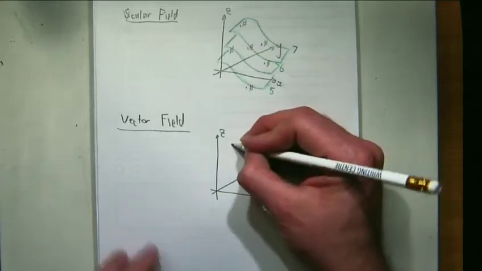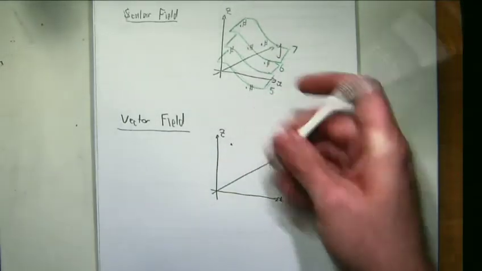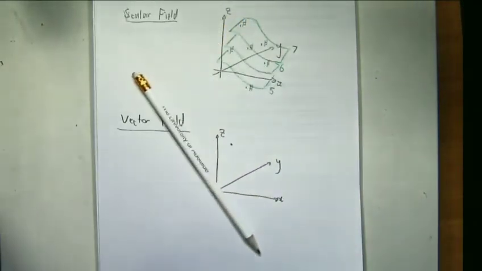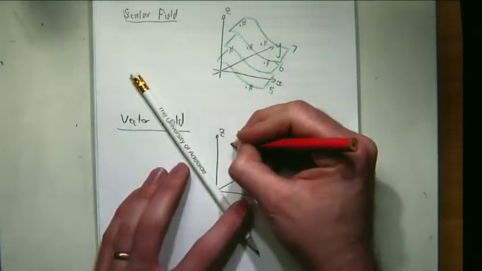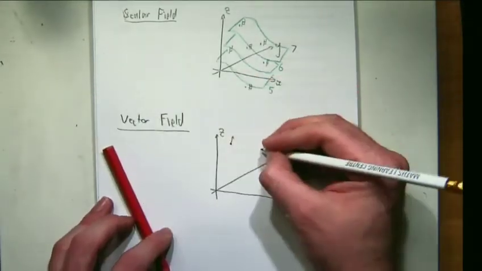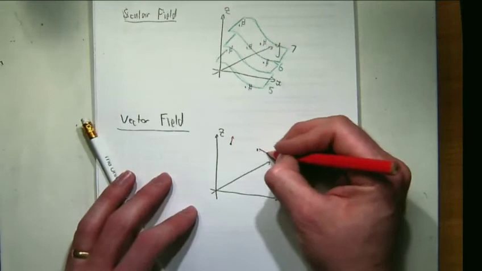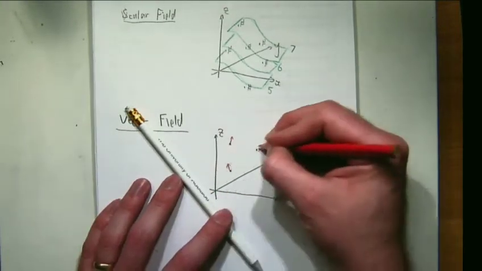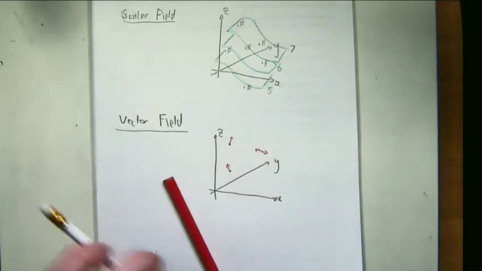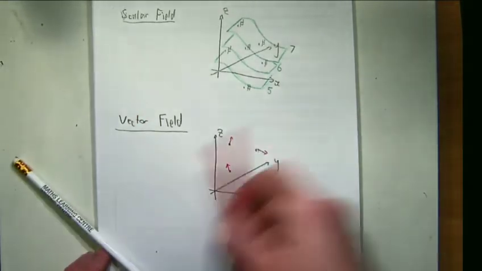I might do it in a different colour. At this point, there's some sort of vector that maybe points that way. And at this point, there's a vector and maybe it points this way. And at this point, a vector that maybe points that way. And so at every point in space, there is a vector.